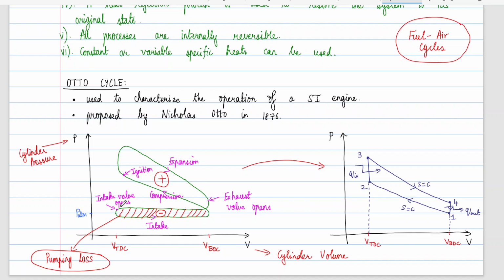So there is first an intake of air in which VTDC is the lower volume when the piston is just touching the cylinder head, and VBDC is the bottom position of the piston.